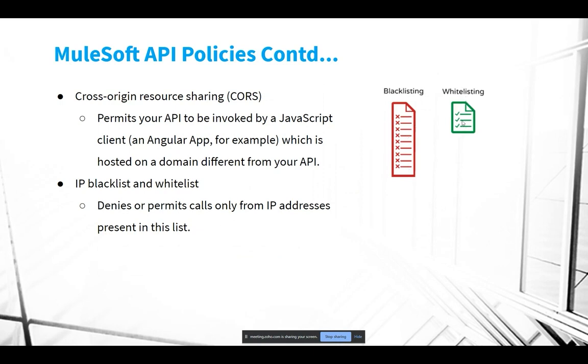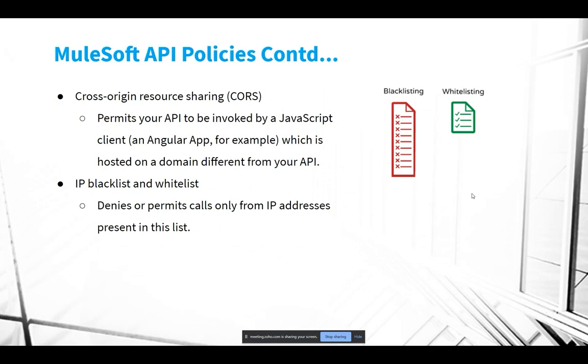Whitelisting means if a request is coming from these IP addresses, obviously they are allowed, and blacklisted means not allowed. These also have different use cases based on the number of IPs you want to allow or disallow. If you have thousands of whitelist addresses, in that case you will go for the blacklist because the number of blacklisted IPs will be less, and vice versa. You need to choose.